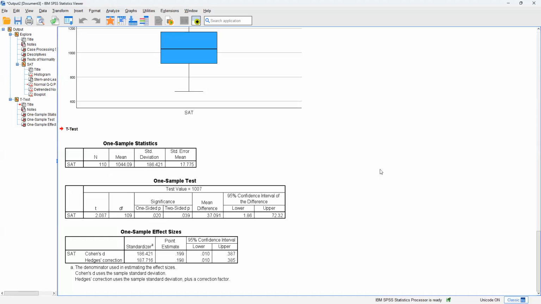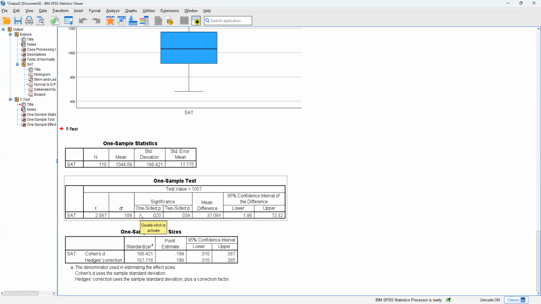Here the t-value comes out to 2.087 with degrees of freedom 109. Degrees of freedom for a one sample t-test is n minus 1, so we have 110 observations minus 1 because we're trying to estimate one population parameter.